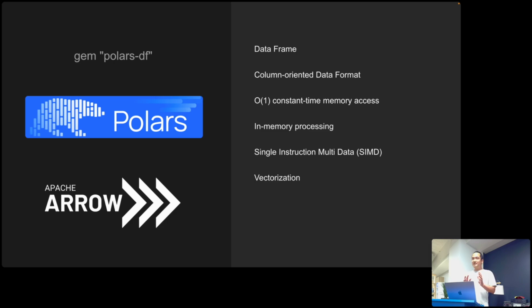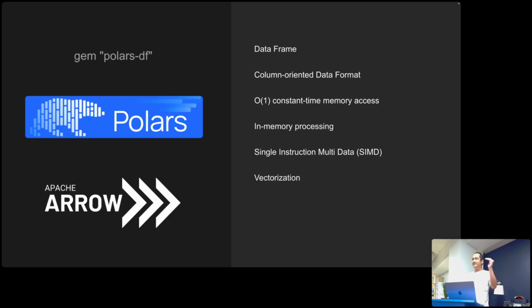And why is it fast? With a data frame, it's a column-oriented data format. Traditional CSV files, JSON, or data you pull from a database are row-based formats, and every time you process the data, you have to go row by row.